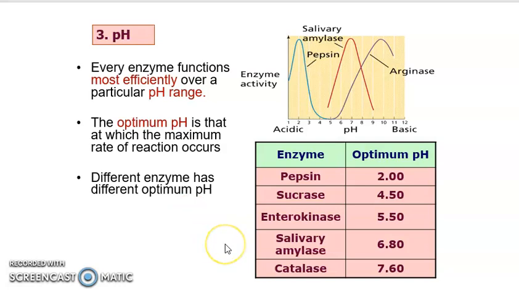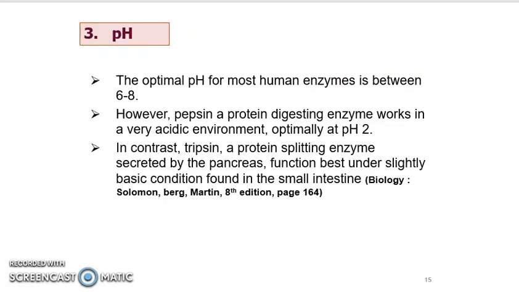Tapi bila dia berada pada keadaan optimum pH, so what happen to the rate of the reaction? It will become at maximum. Okay. So kalau contohnya enterokinase 5.5, salivary amylase 6.8 and then catalase is 7.6. Okay, and then the optimal pH for most human enzyme is between 6 to 8.